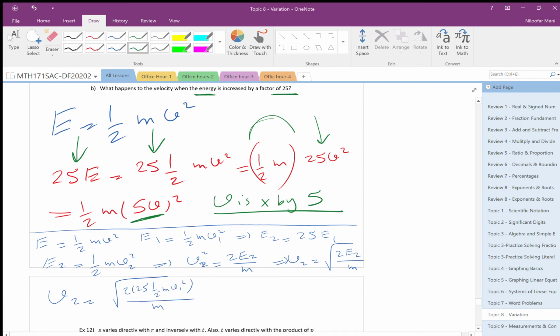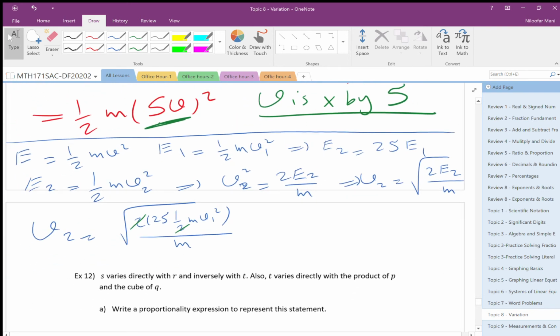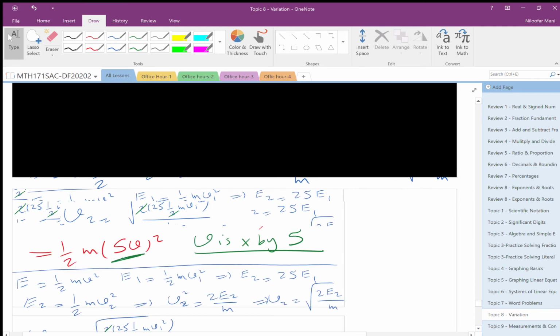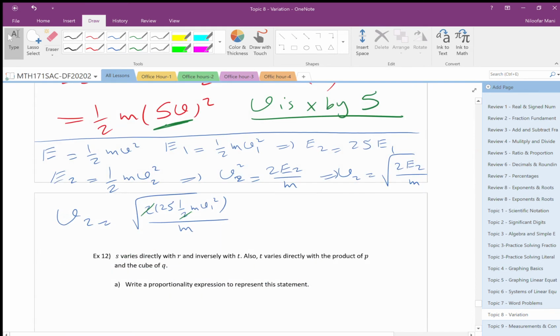Can I cancel 2 and 2? Yes. Can I cancel m and m? Yes. So it's radical 25 v1 squared, which is 5 v1. So v2 is 5 v1.